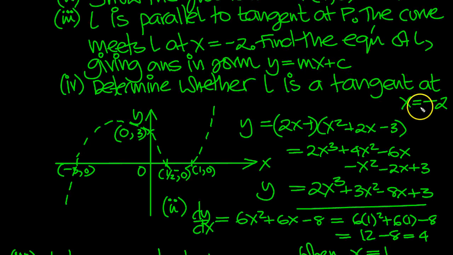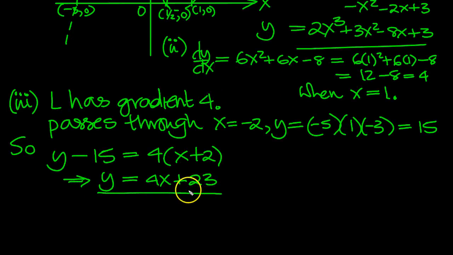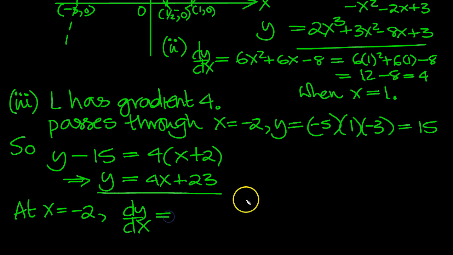Determine whether L is a tangent at x equals minus 2, or whether it goes through and cuts the curve. Now at x equals minus 2, what's the gradient of the curve? We need to see that it's 4. dy/dx is equal to 6 times minus 2 squared plus 6 times minus 2 minus 8.